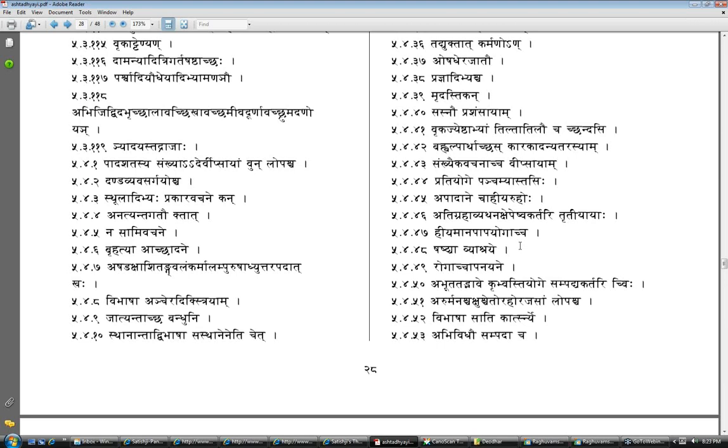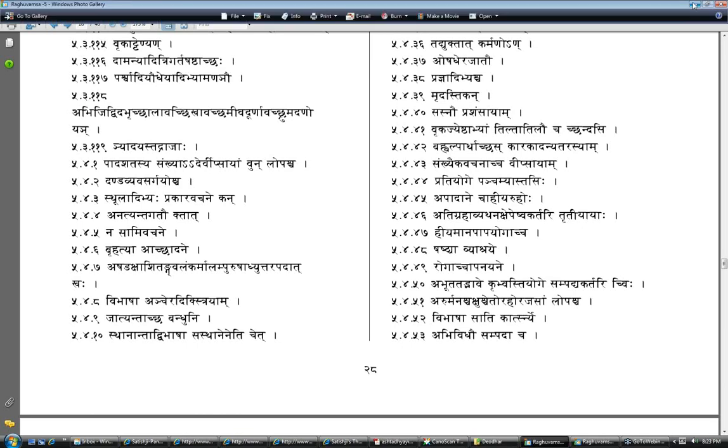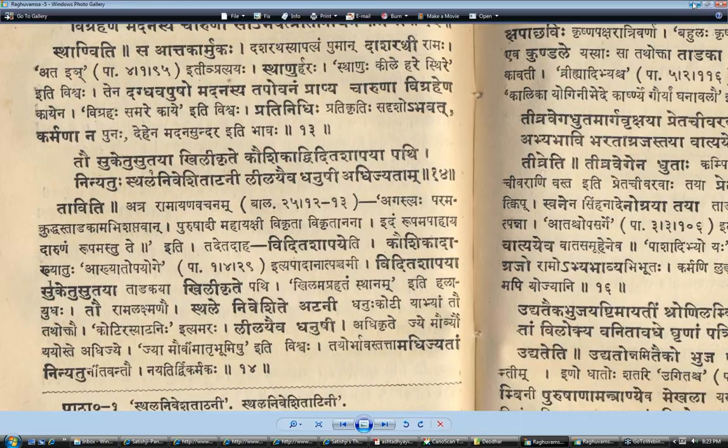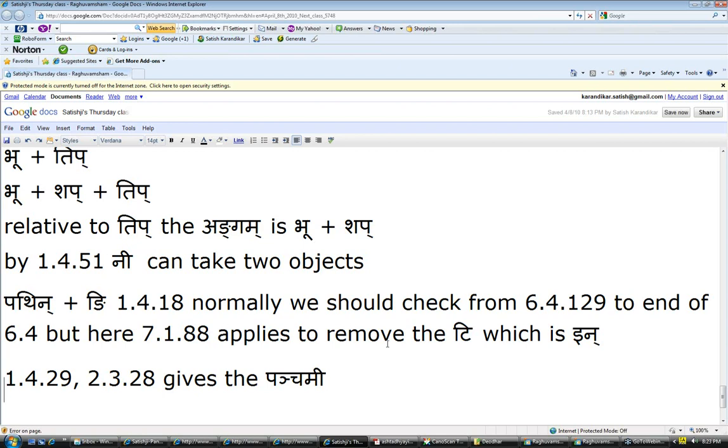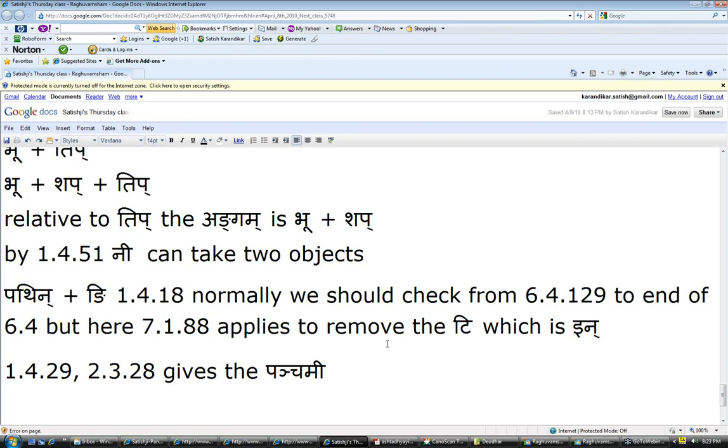So here the vakyam they give is Akhilam Khilam Karoti, that which was not Khila is being made Khila. So we'll put the Vigraha Vakyam here: Khili Karoti.